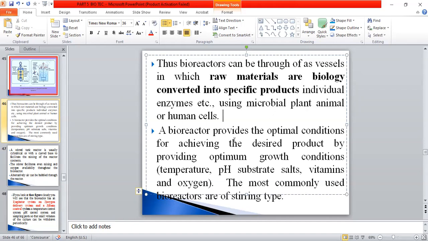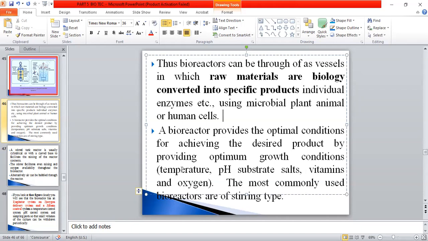The next point is that the bioreactor provides the optimal conditions for achieving the desired product by providing optimum growth conditions: temperature, pH, substrate salt, vitamins, and oxygen. This is very, very important. Each growth has a specific temperature. Some will grow in low pH conditions, some in high pH, and also at high temperature.